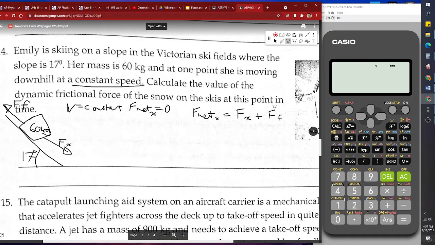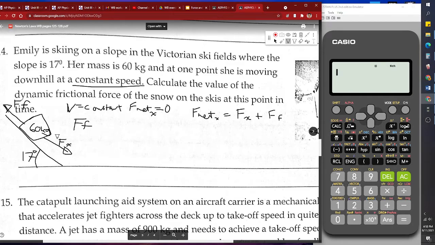We don't know these ones; we actually want to find FF. We do know the net force must be 0 because the velocity in that direction is constant. So how can I get Fx? I had to know that first to solve for FF.